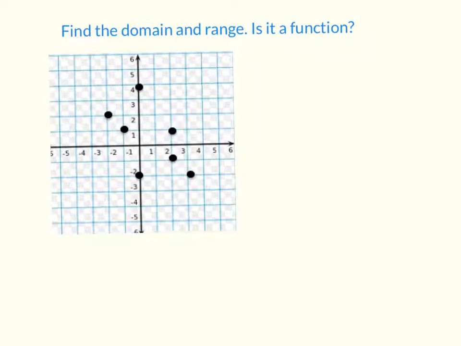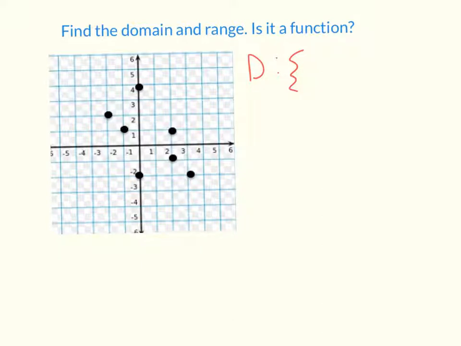All right, let's list our domain and range here. Okay, I'm just looking for the x's. All right, I'm going to go left to right here. Looks like I have a -2, -1, a 0, a 2, and a 3.